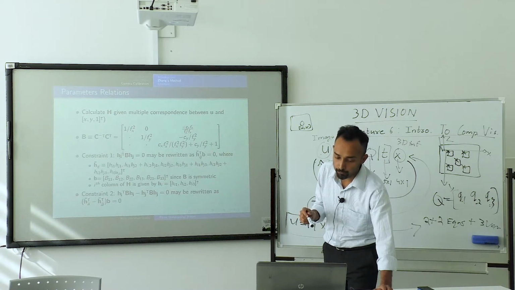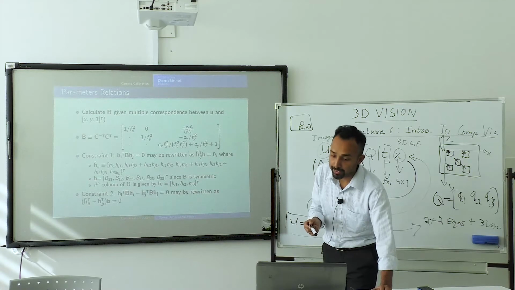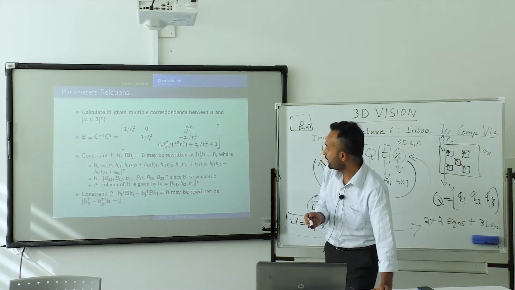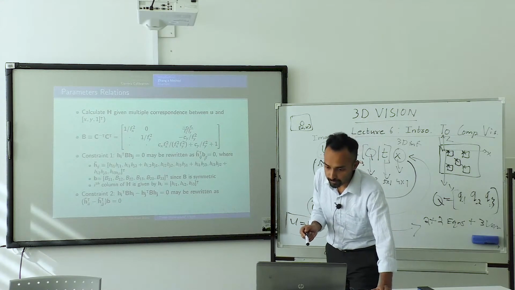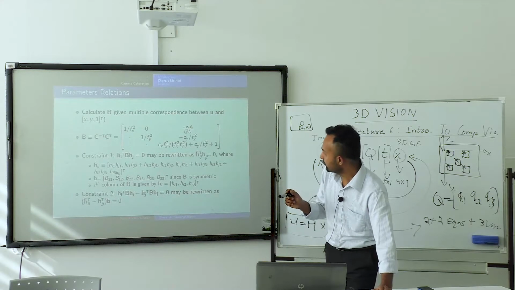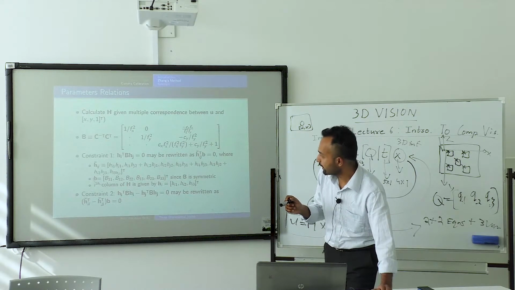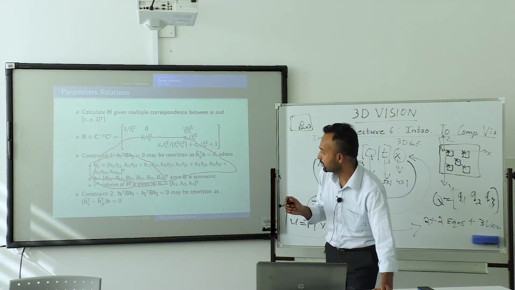If you consider it as a matrix and then consider the first equation, you can rewrite it in the form of this H tilde into B is equal to 0, where you convert all the unknowns as a vector B, and all the knowns, since you already estimated the homography, as a vector S tilde, and then you equate it to 0.